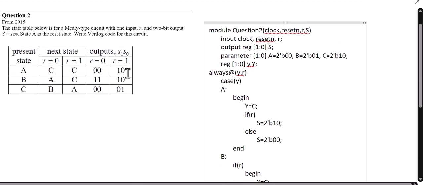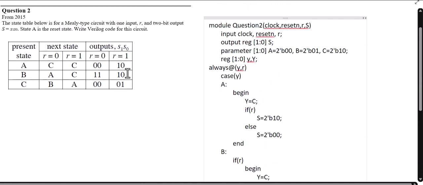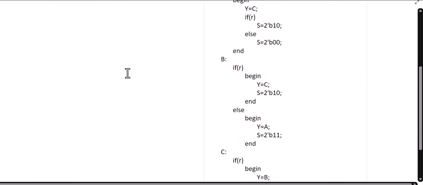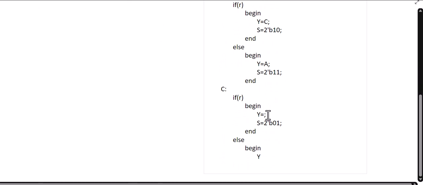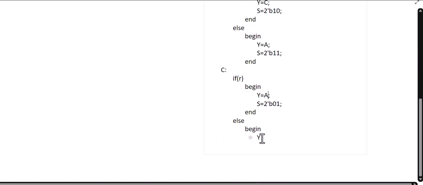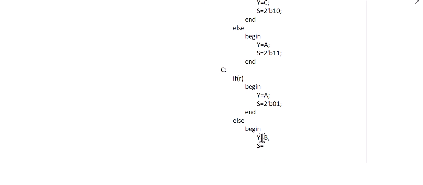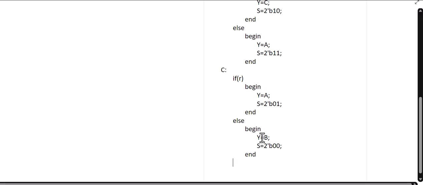And if R is 0, the output is, I got that backwards, right? If R was 1, the next state was A. And if R is 0, the next state is B. Not the output, next state. And the output for 0 is 0, 0. Probably could have written this by hand quicker, but then you couldn't read it, so there's that.